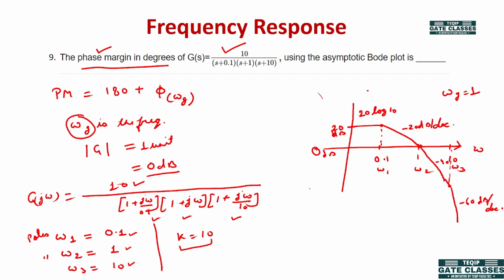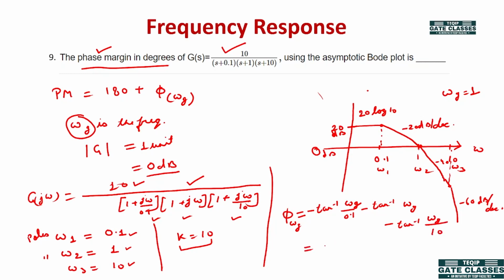Okay, so let's calculate the value phi. For this gain, we have converted this into G(j omega). So phi is equal to minus tan inverse omega by 0.1. This omega is omega g, so phi at omega g is minus tan inverse omega g by 0.1 minus tan inverse omega g by 10.